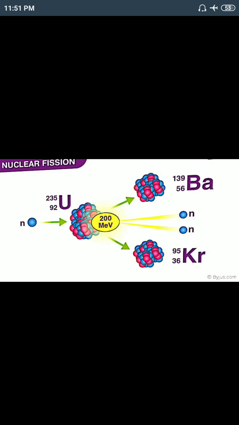Here we use uranium 235 (92), bombarded with a fast-moving neutron. It splits into two lighter nuclei, one barium and another krypton, 139 56 and 95 36, and two neutrons are also generated. Then these neutrons hit the next nucleus of uranium 235, which again breaks into lighter nuclei, barium and krypton.